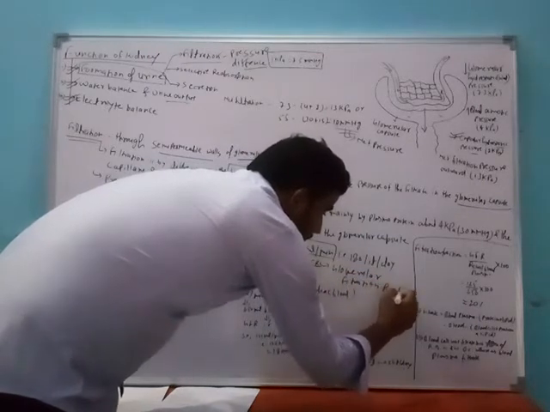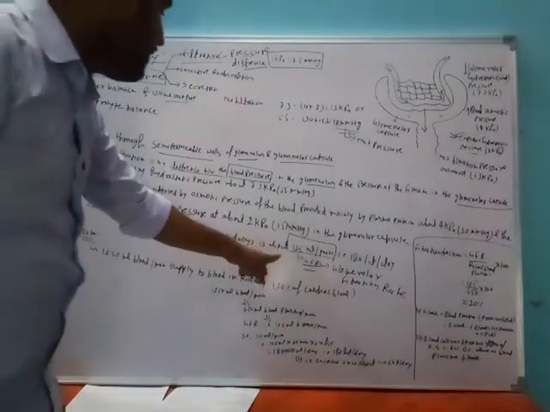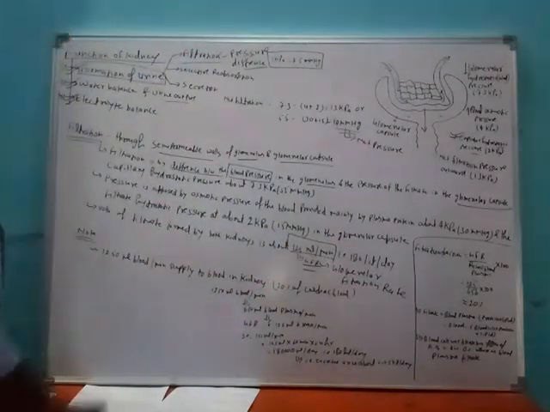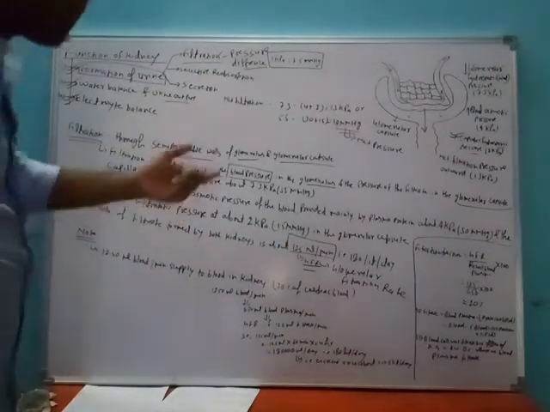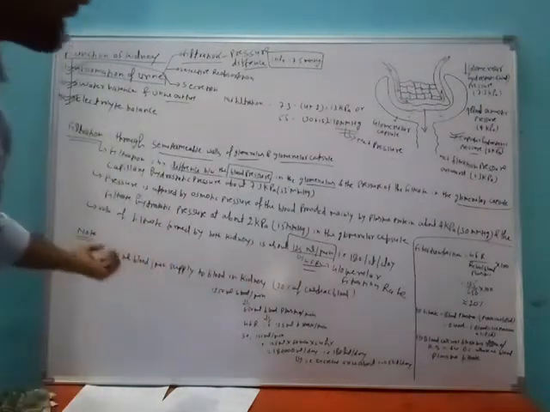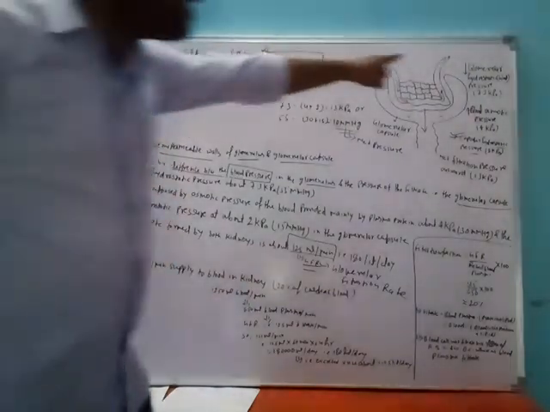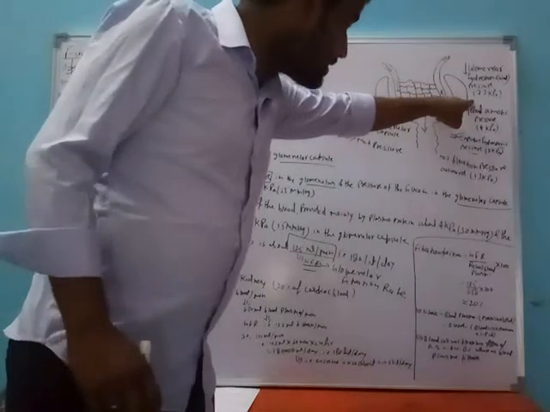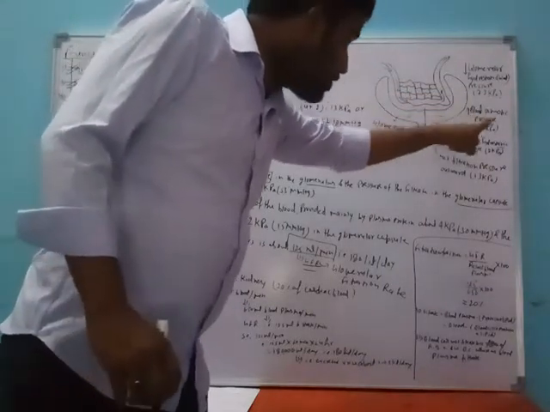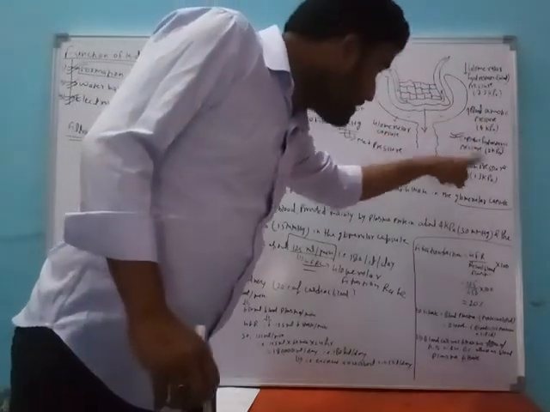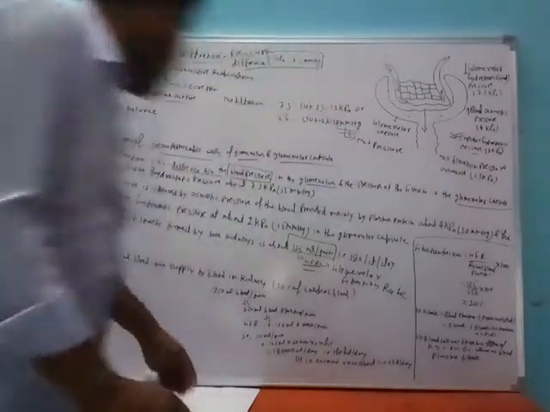So what is the glomerular filtration rate? It is about 125 ml per minute, and it depends on the difference between glomerular hydrostatic pressure and blood osmotic pressure plus capsular hydrostatic pressure.